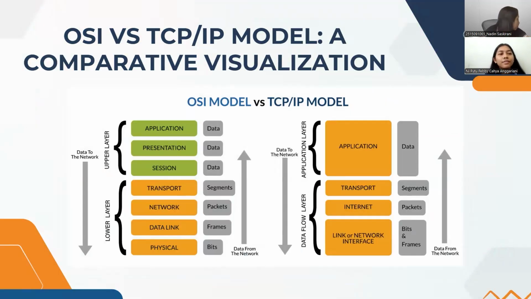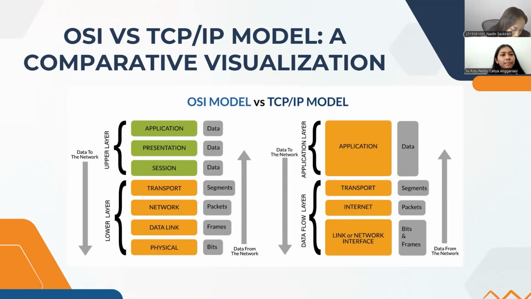Next, here is the visualization of the OSI and TCP/IP models. In the OSI model, the application, presentation, and session layers are separate to clearly define their functions, such as handling applications, data formatting, and session management.